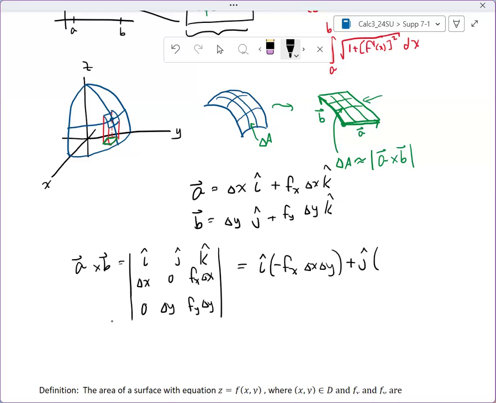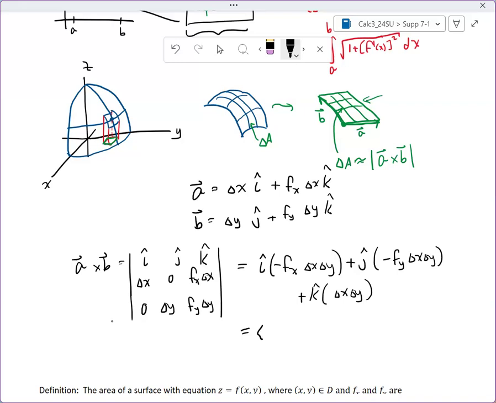For j, going top left to bottom right, I get fx delta x times 0, and then minus delta x fy delta y. And for k, going top left to bottom right, I get delta x delta y, and going the opposite direction gives me 0 times 0.